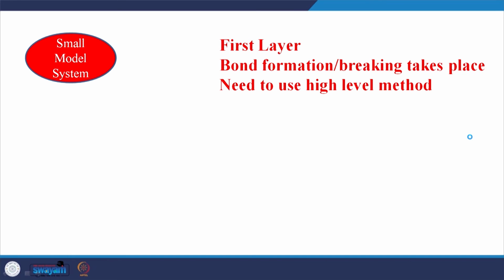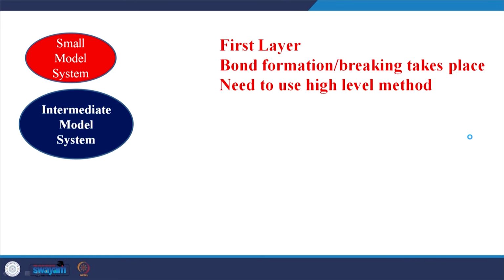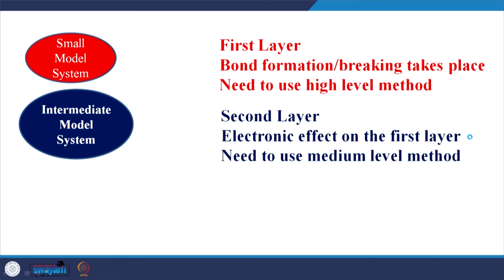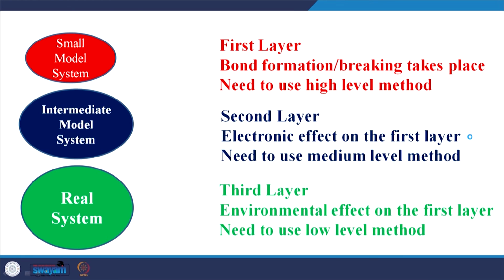So, there would be three layers: one, small model system, the first layer, where bond formation and breaking take place, need to use a high level method, the quantum calculation. Intermediate model system, second layer, electronic effect on the first layer, need to use a medium level method. And the real system, the third layer, environmental effect on the first layer, need to use a low level method.